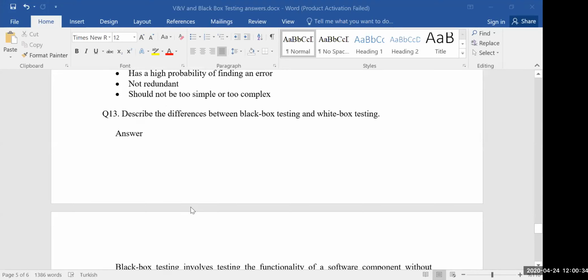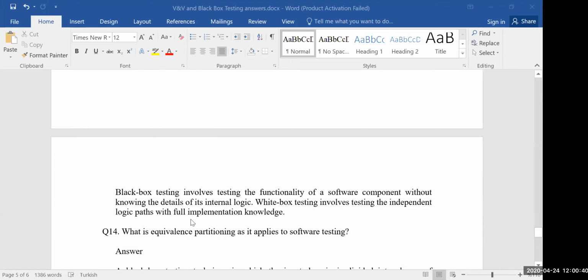Describe the differences between black box testing and white box testing. Black box testing involves testing the functionality of a software component without knowing the details of its internal logic. Remember that in black box testing, we have an input and we are observing the output.